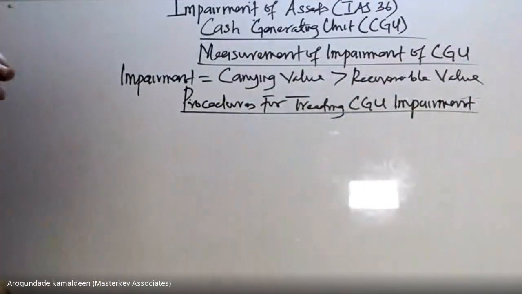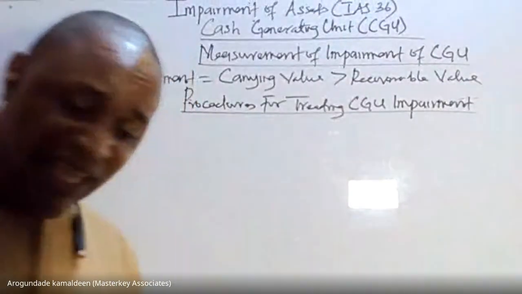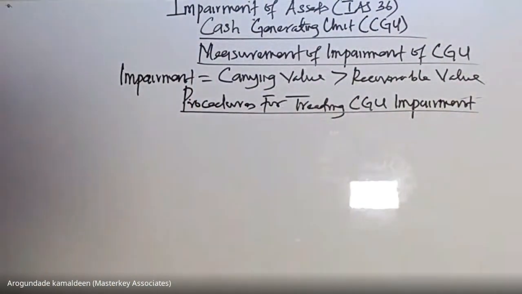Class, there are procedures that you are going to follow when you are treating the impairment of a CGU. Why? Because under a CGU, we are talking about two or three assets. Is that clear?